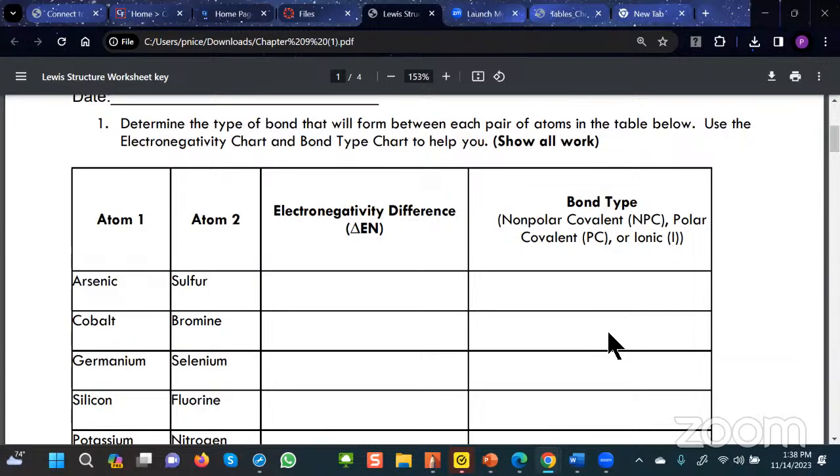And that test will cover, okay, what did the last test cover? What chapters? Was it 6 and 7? Let me see.